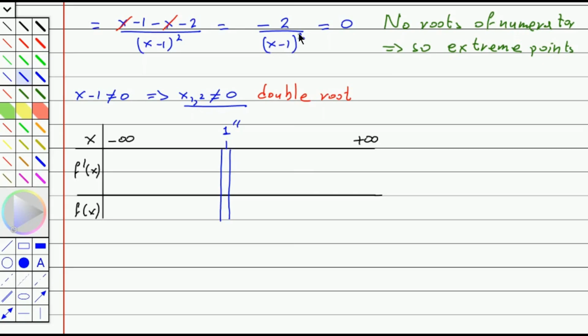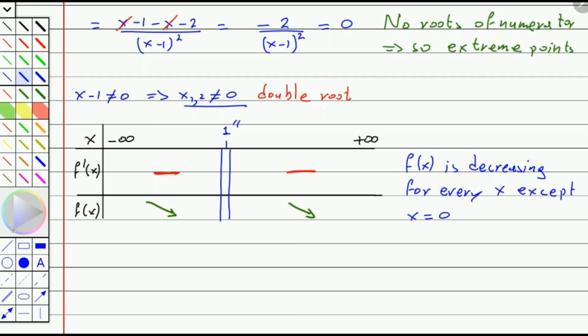X minus 1 quantity squared is always positive, and so with the negative sign, our derivative becomes negative to the far right, and because it's a double root, the negative sign remains to the left side. And so the function is decreasing and decreasing. So we can say that f of x is decreasing for every x value except x equals 1.